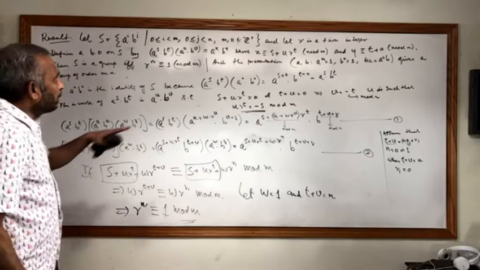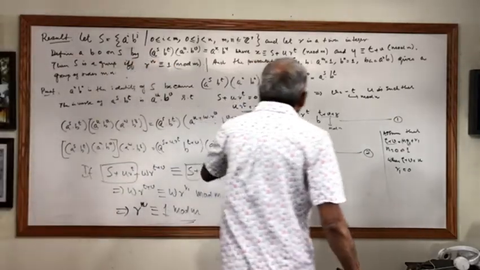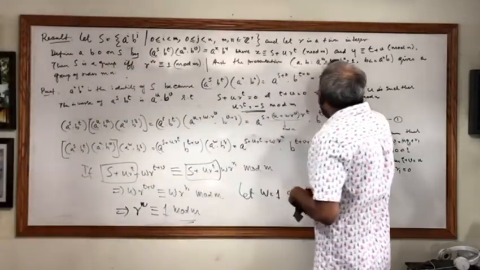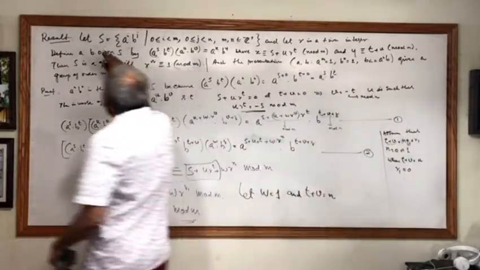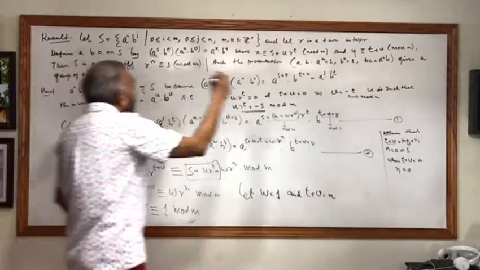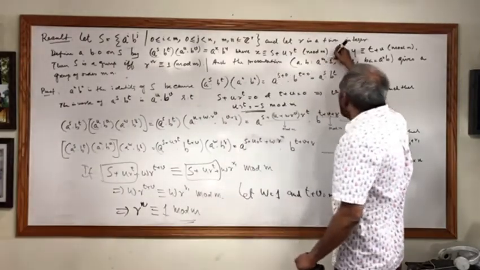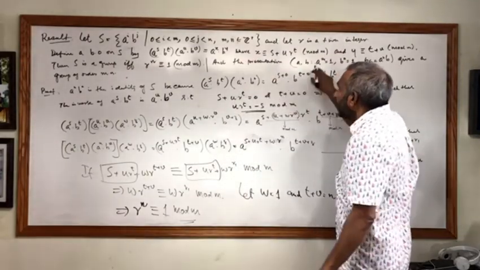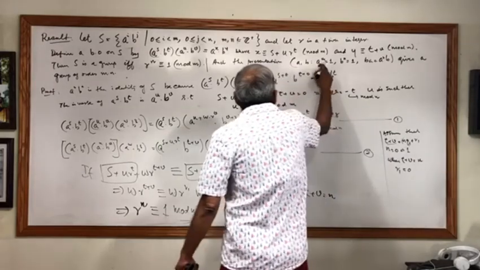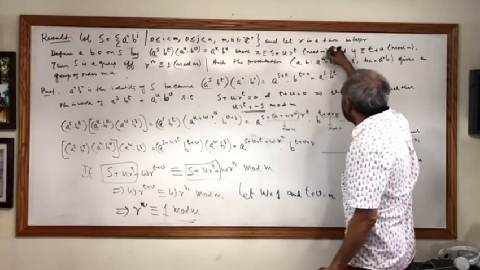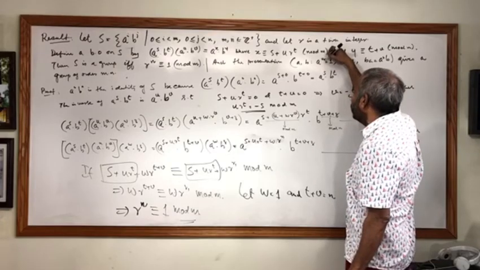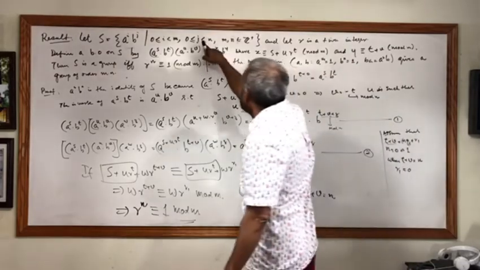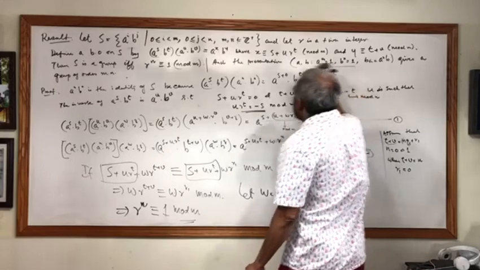And if you look at the presentation here, this is actually a reworded version of the same set here. a to the power of m is equal to 1, and that means the power of a cannot go beyond n, and that's exactly what this says. So these two conditions are this.